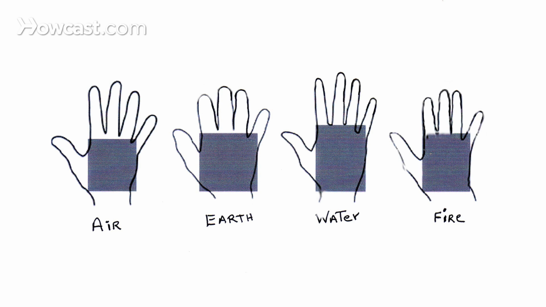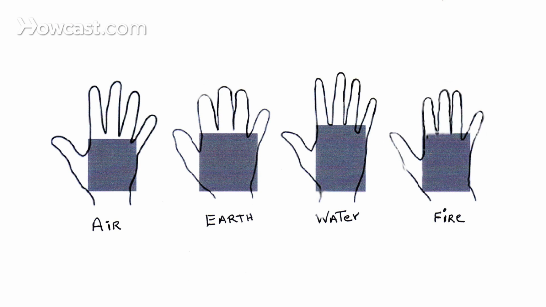And we'll see that the rectangular-shaped palms have a certain receptivity and sensitivity and an emotional quality that the square-shaped palms do not. The square-shaped palms, which are air and earth, they have a certain practicality and reality-based view that's very important.